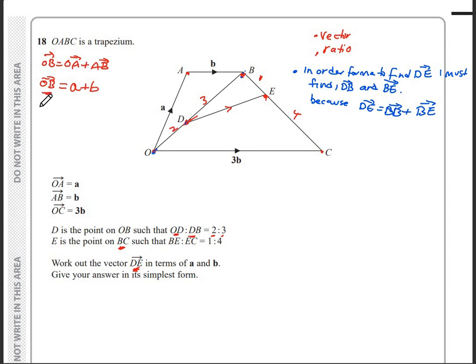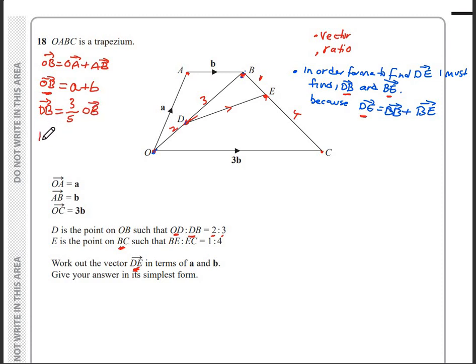So remember, we're trying to find DB and BE to find DE. DB equals 3/5 of OB, because it's 3 parts of the whole line, and the whole line is 5 parts in total.